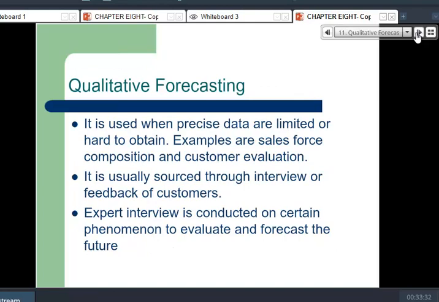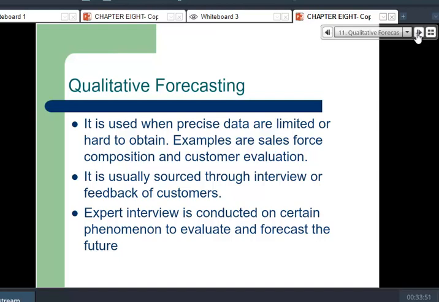What is qualitative forecasting? We have talked about the quantitative, and now we will talk about the qualitative. The qualitative is used when precise data are limited.